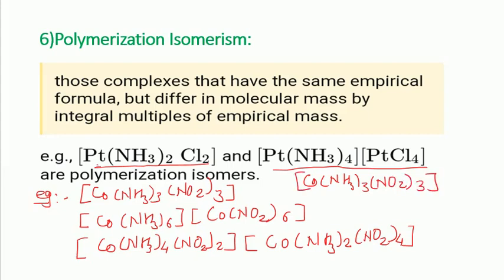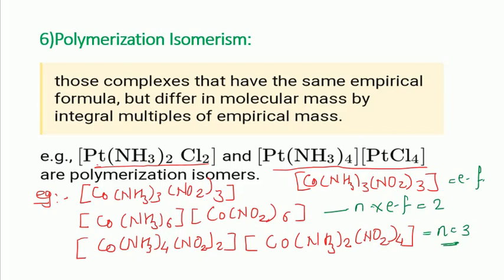If we see the second example, here n into the empirical formula, here n is equal to 2 and here n is equal to 3. So these are polymerization isomers, because the empirical formula is the same but the molecular mass is different, and that's why it is called polymerization isomerism.